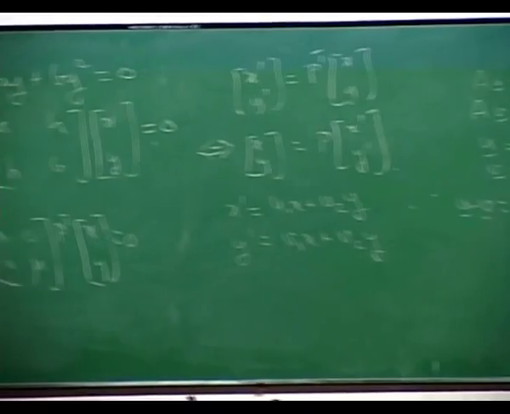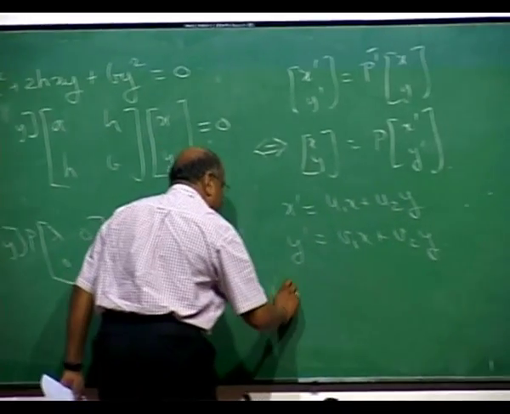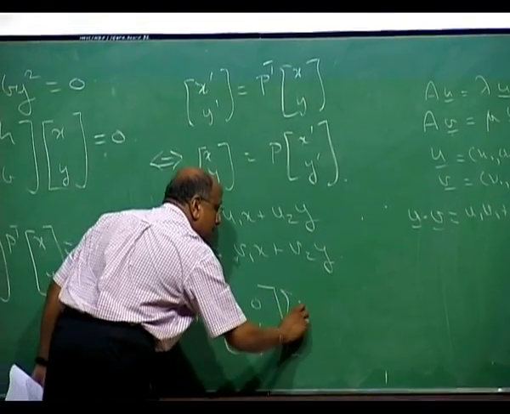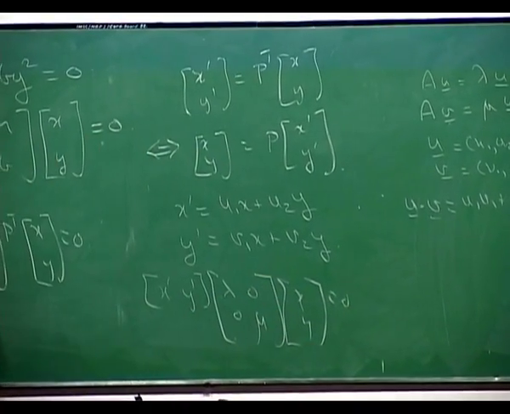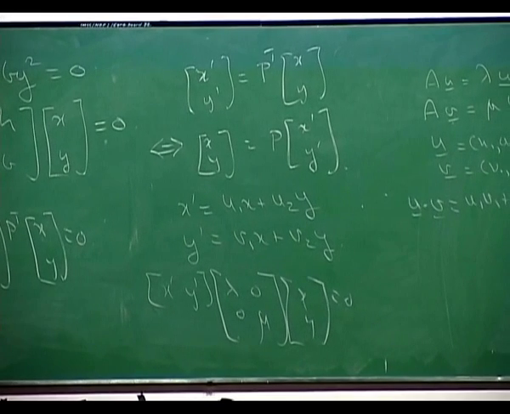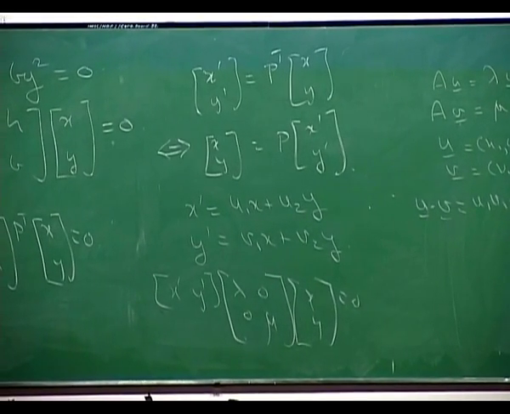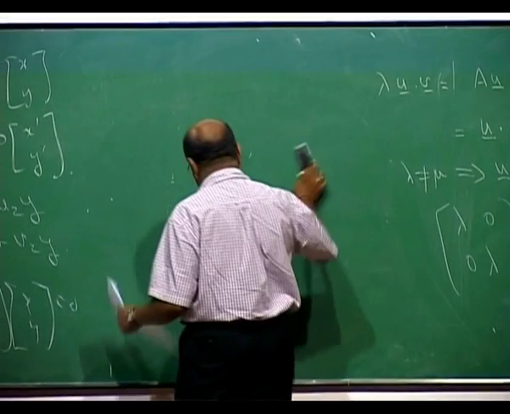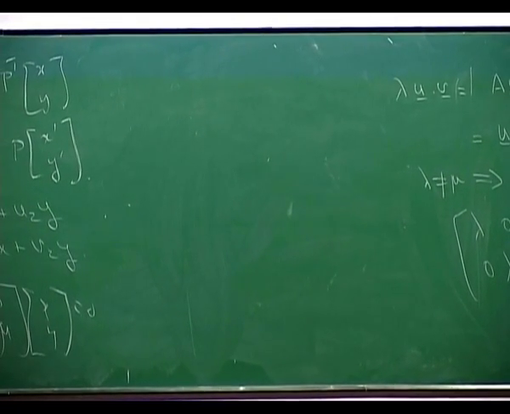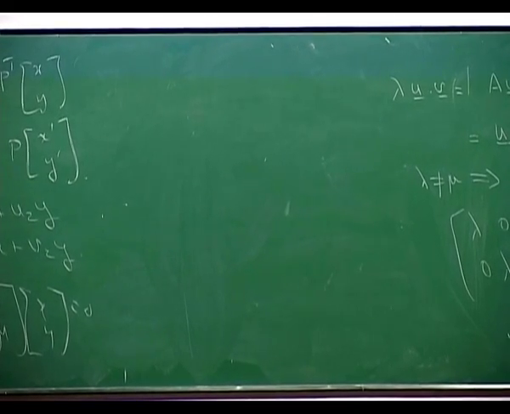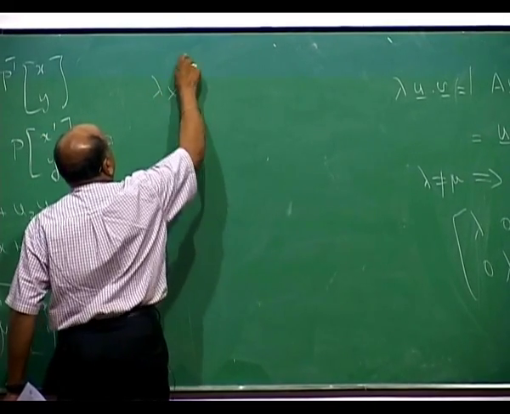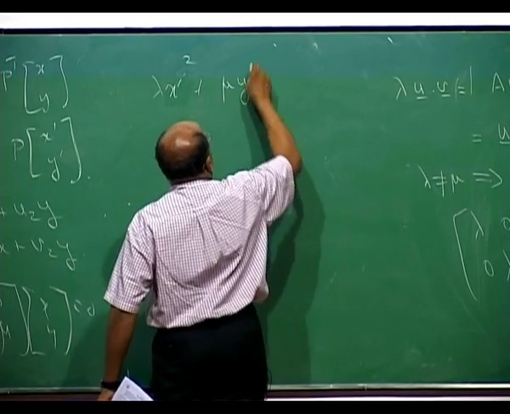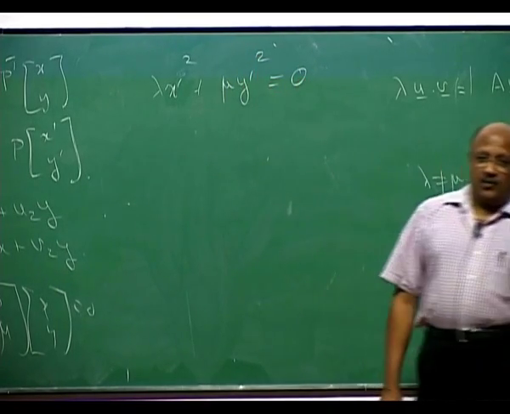Now if you look at this equation, what does it say? It says that, in other words, lambda x' squared plus mu y' squared equals 0.